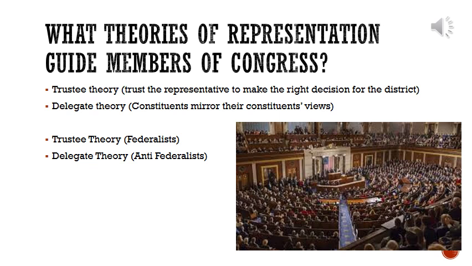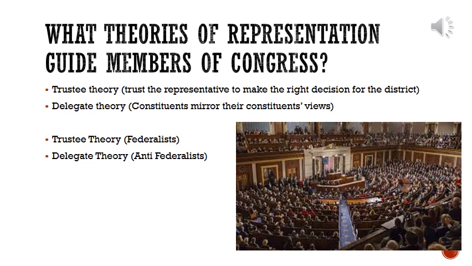If you're in the House of Representatives, you are elected to a term of 2 years. If you are a senator, it is a 6-year term. So if you don't trust your representative to make the right decision, try to get them voted out of office. And then you have the delegate theory. This is what the Anti-Federalists were going along with. To be a good delegate, you're not going to vote based on what you want.